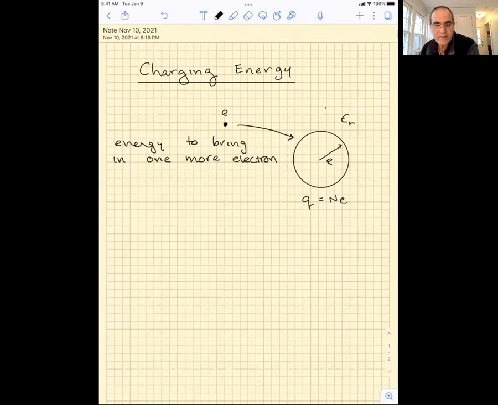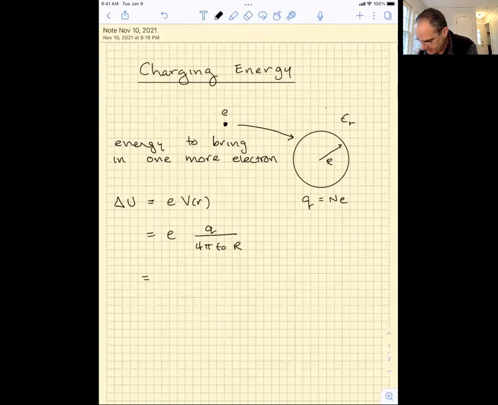So the energy required to bring in one more electron, delta U, is just equal to the charge that we want to add times the potential at the surface of the sphere, the electrostatic potential. So we just have to remember the electrostatic potential of a charged sphere, okay? And of course, that's no problem. It's just equal to the charge on the sphere divided by 4 pi epsilon naught, 1 over r, where r is the distance from the origin.